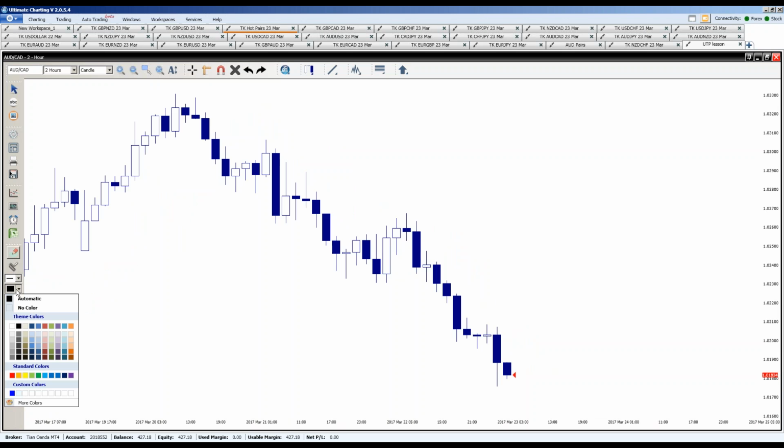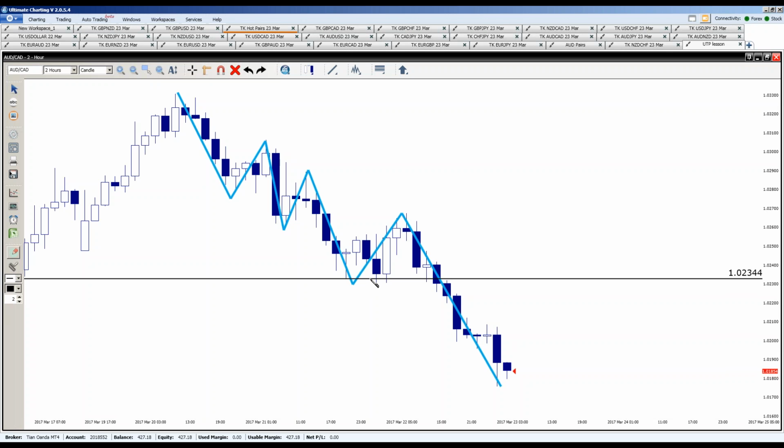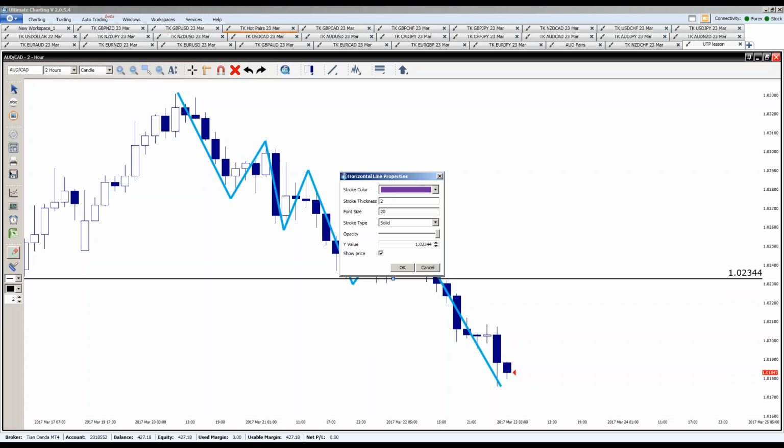We can see here that the market has been making lower highs and lower lows. Now, this low over here was a low of support. Right over there.